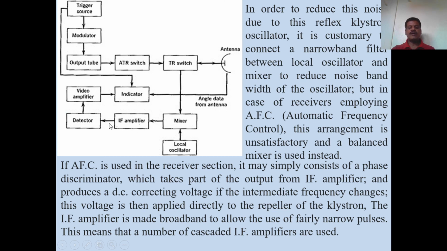this IF amplifier gives the signals to the detector, and the function of the detector is to detect the signal which is coming from the antenna, and then it is provided to the video amplifier, and the video amplifier will amplify the video signal which is coming from the detector, and finally it is given to the indicator, and the indicator will indicate the position of the target.